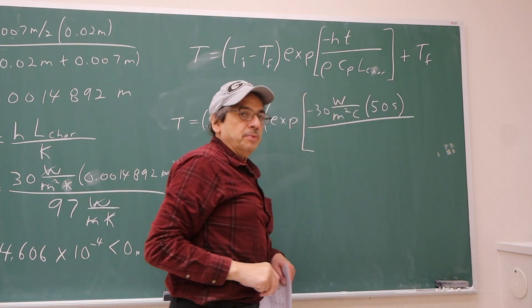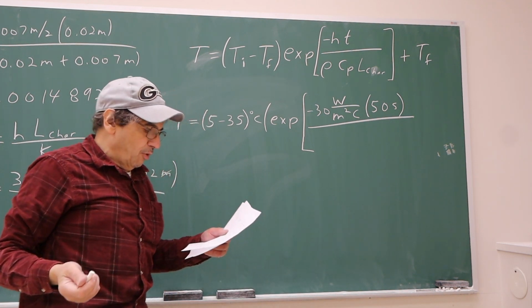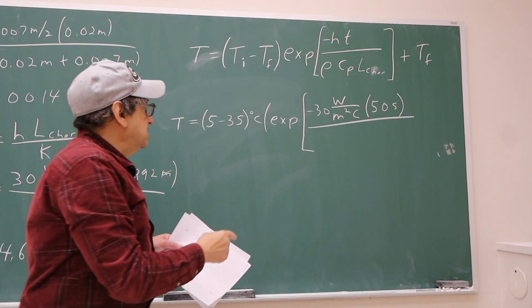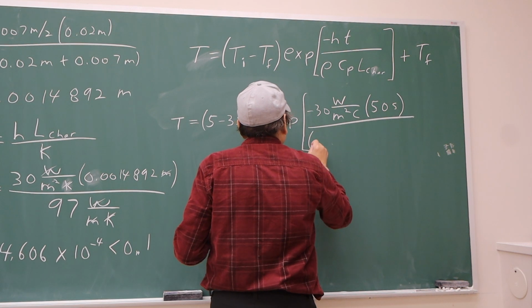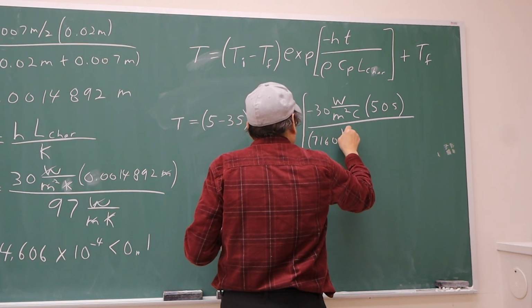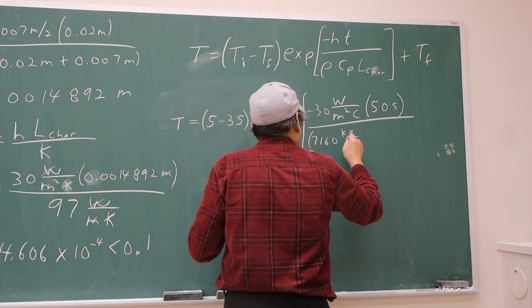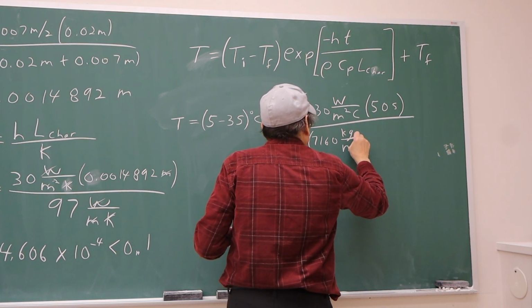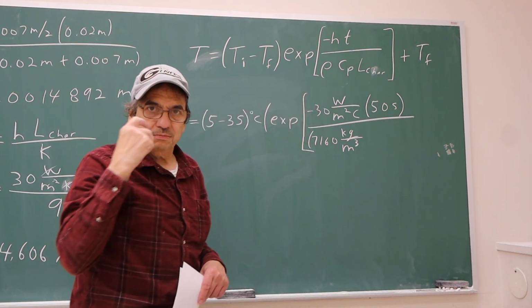And if you look up in the back of your book, in my book it's table A2, the density of chromium is 7160 kilograms per meter cubed.